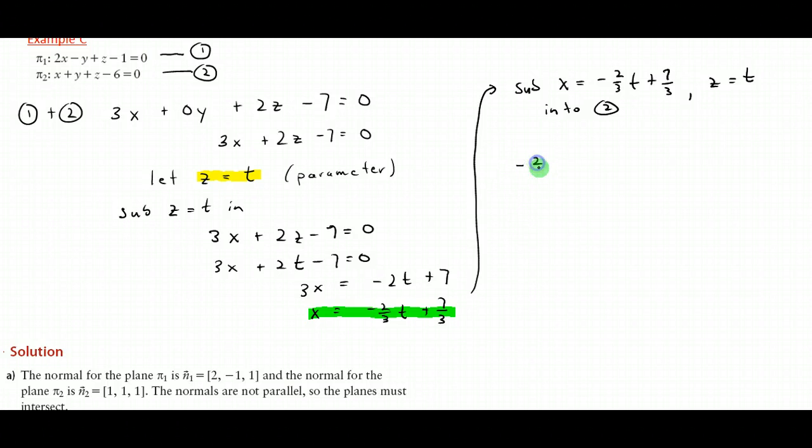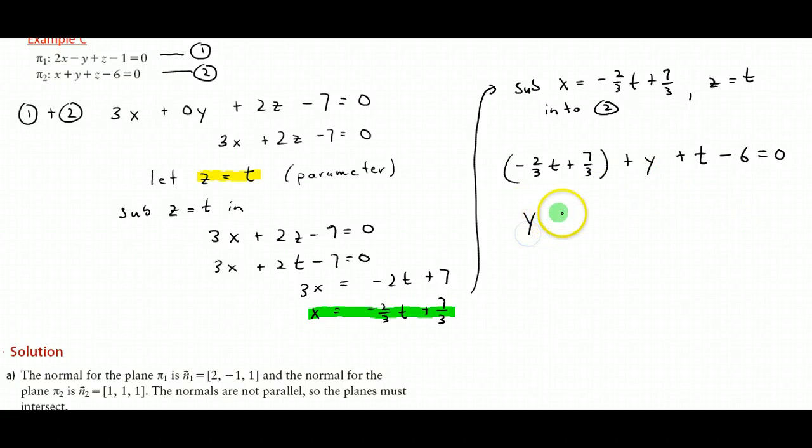So I get minus 2/3 t plus 7/3, that's the x variable, then y, the one we're trying to find, and then z is equal to t, minus 6 is equal to 0.